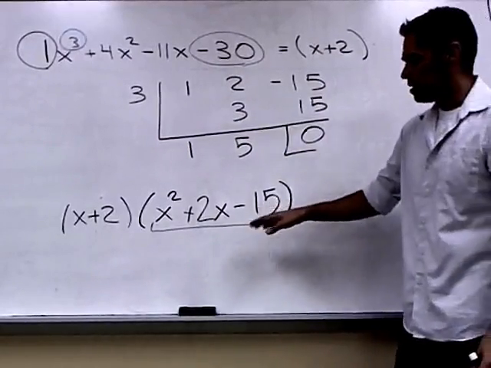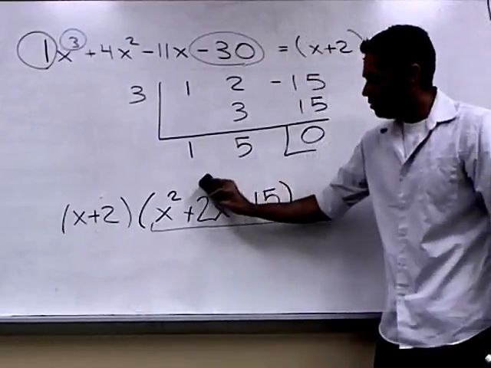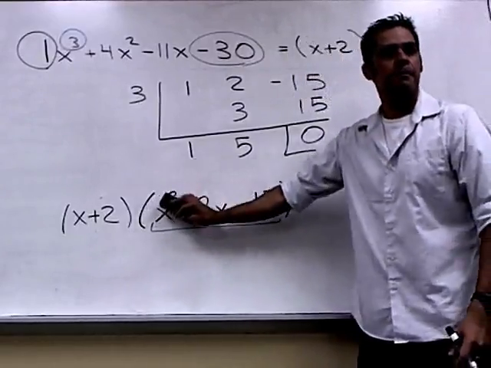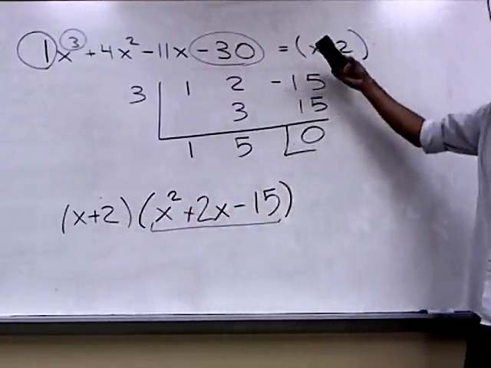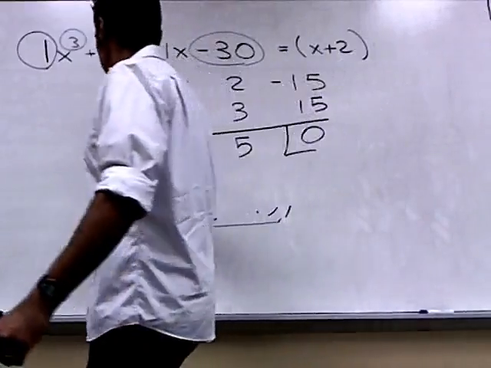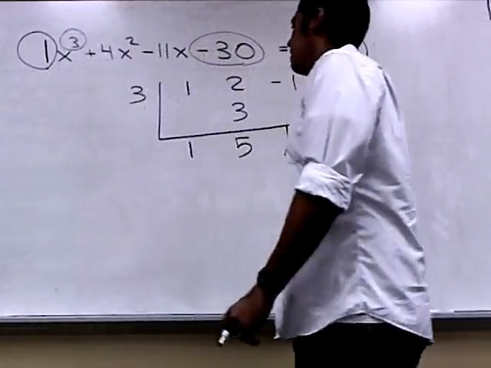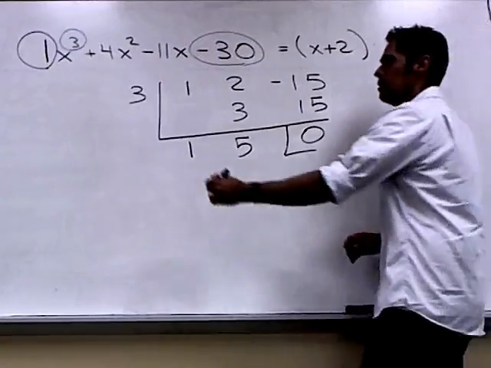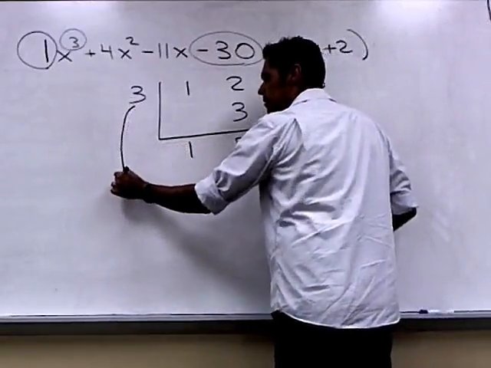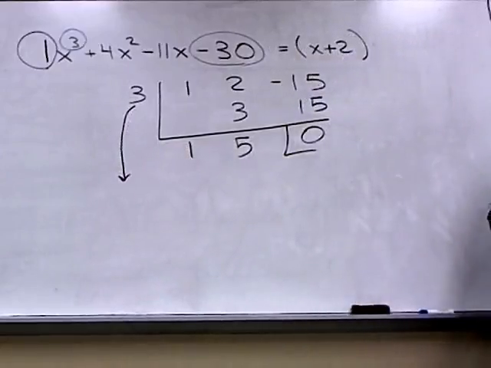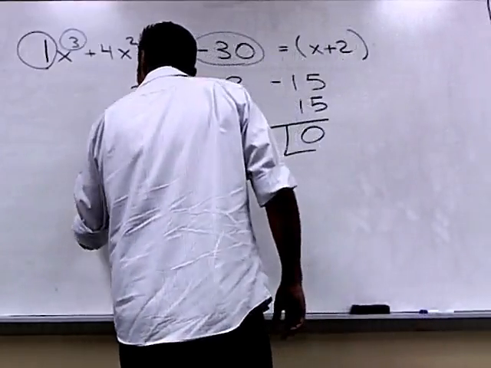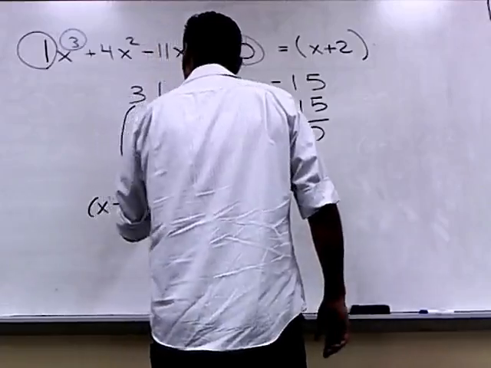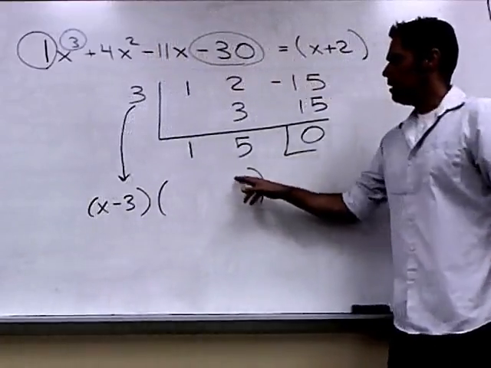Now I've got to erase this because I need some room. But remember, all we're working on right now is this, aren't we? This part right here, we already had. So now, let's go ahead and decipher what this is telling us. This piece right here tells us we have a factor of x minus 3. And then the remaining part here is two numbers.